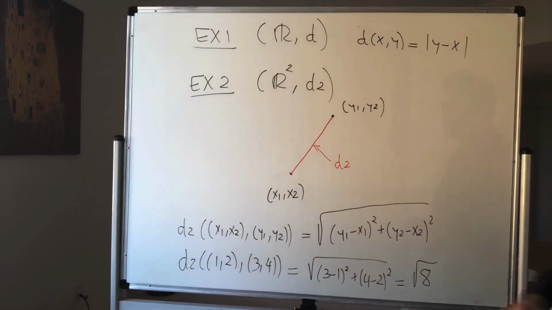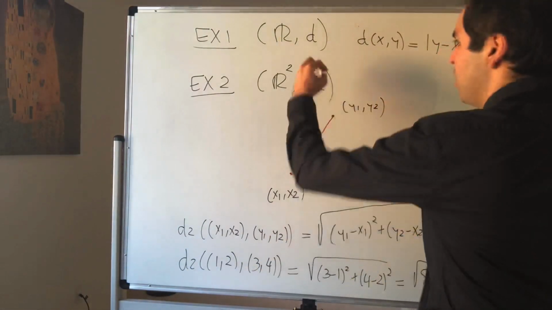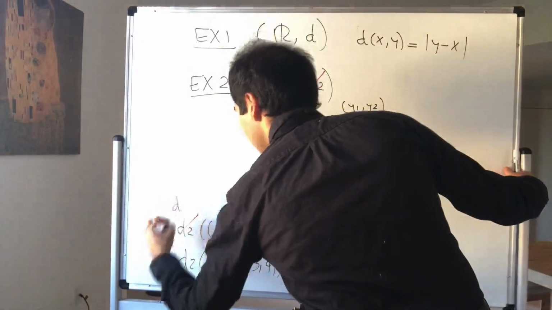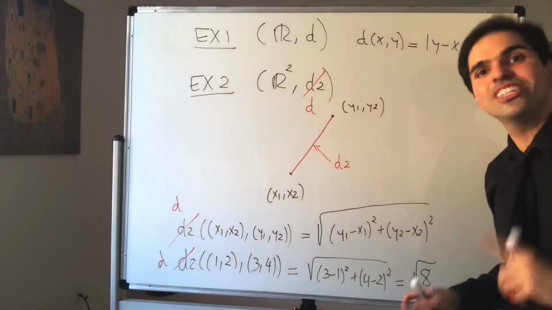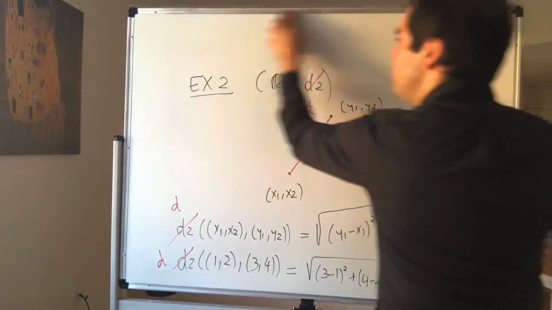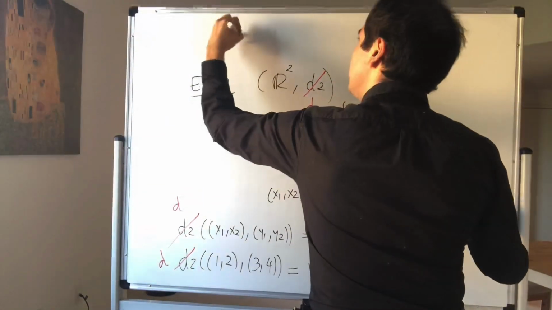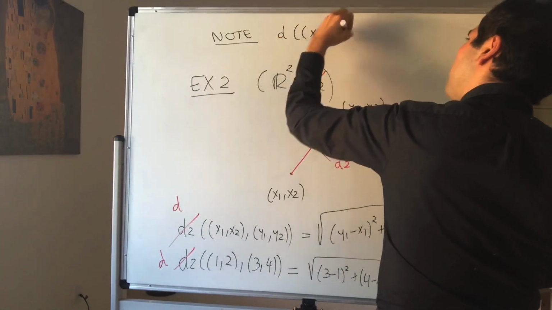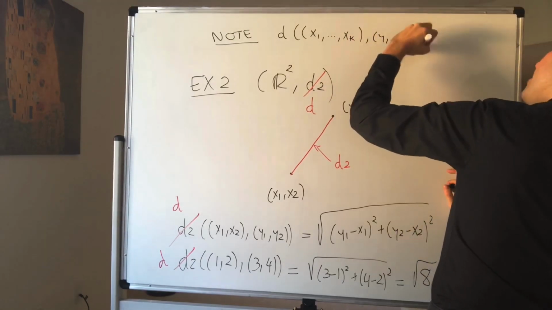And by the way, we'll use this distance function so much that I think from now on we'll just call it d. So just know d is this distance. But there's a reason I write 2 to distinguish it from other d's. And of course, this can be generalized to higher dimensions. So note, in general, we have the distance between (x1, ..., xk) and (y1, ..., yk).